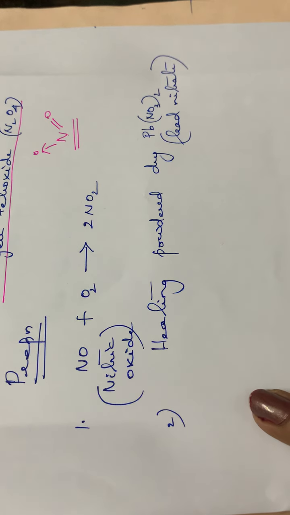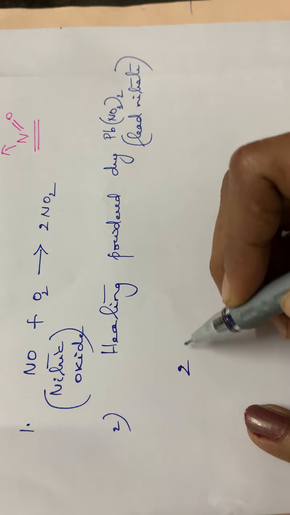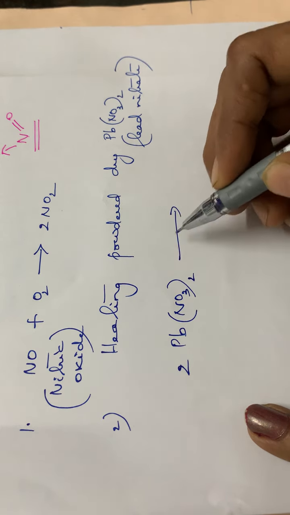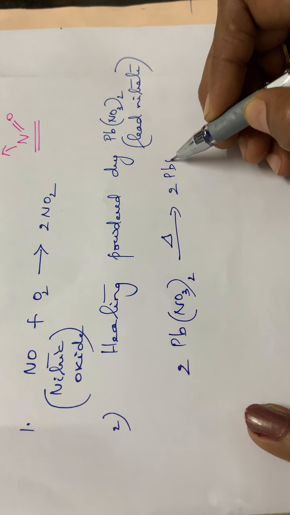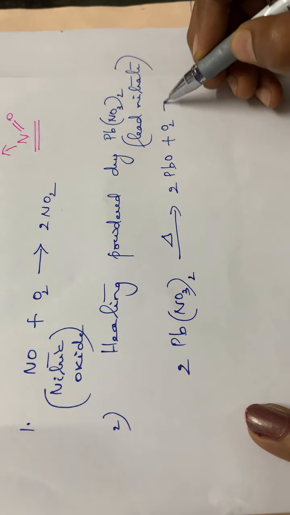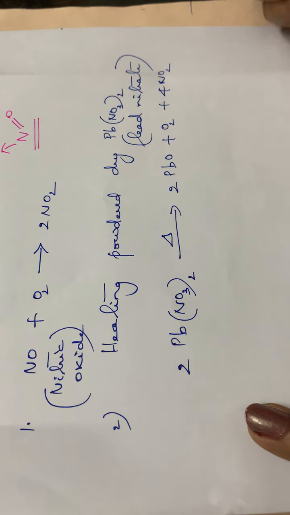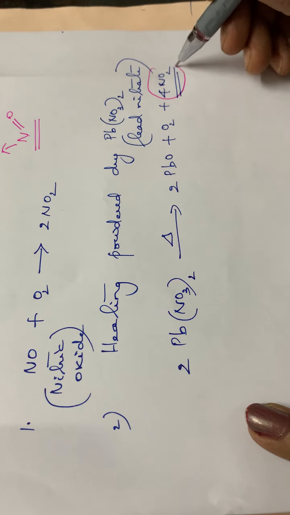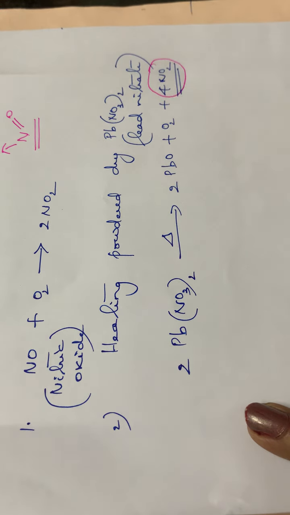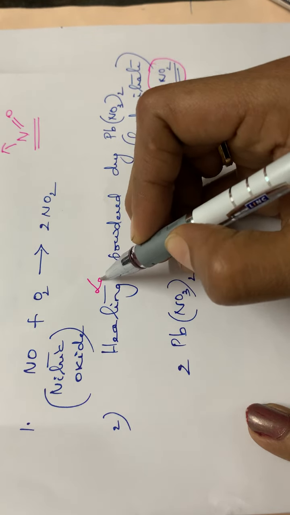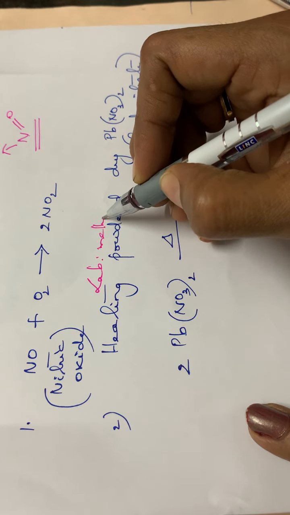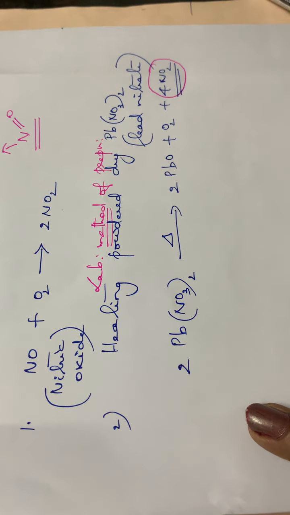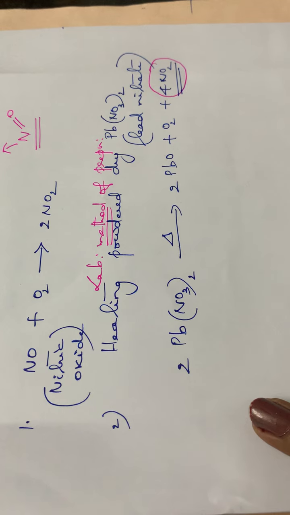By heating 2 molecules of Pb(NO3)2, we will have lead oxide PbO plus O2 plus 4NO2. So this is the major product that is required by us, 4NO2. This is the laboratory method of preparation, that means in a small quantity.